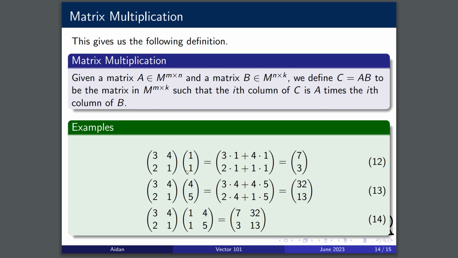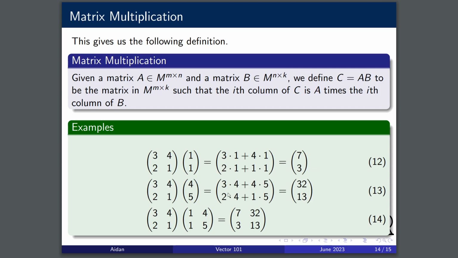This could be our example A. And so what do we do? Well, we take the first column of our matrix, and we multiply it by the first entry of this column vector, and then we take the second column of this matrix and multiply it by the second entry, and we add those up, and that gives us 7, 3 as a new column vector.